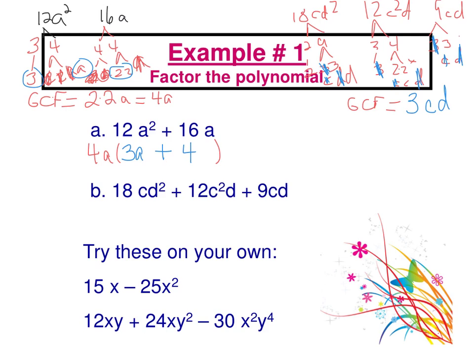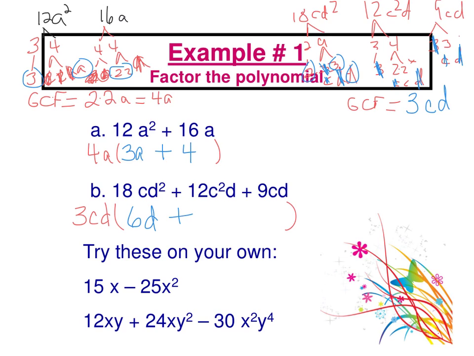So on B, I write down my GCF, which is 3cd. Let me move that over a little bit because I want you all to be able to see where I put my leftovers inside the parentheses. In my first factor tree, I have a 2 times 3 times d, so that gives me a 6d.